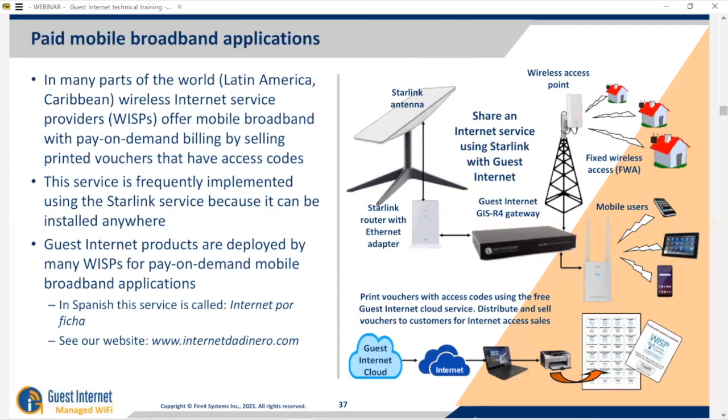And so even in remote rural locations in places like Latin America, Caribbean, Africa, where there is no internet service, an enterprising individual can start selling an internet service, both fixed wireless access and a mobile service, using an antenna like the Starlink service. And so it's now possible to provide internet for any community in any location without restriction.